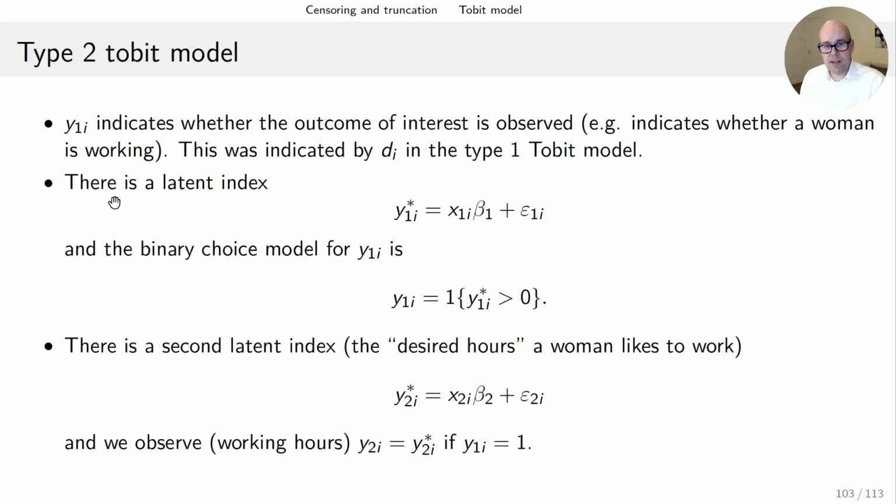Then there's a latent index, y1i star, which is given by x1i beta 1 plus epsilon 1i. And the binary choice model that tells us whether or not there is censoring is as follows. y1i is 1 if y1i star is positive.